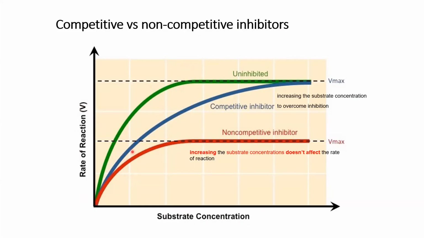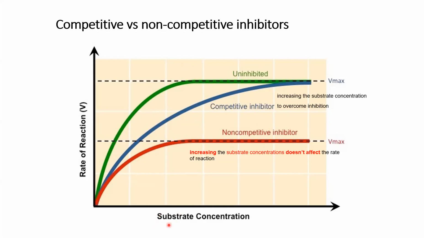But for the blue graph, in the reaction you added competitive inhibitors. So what is the effect of adding competitive inhibitors to the reaction? The rate of reaction becomes slower and less product is produced.